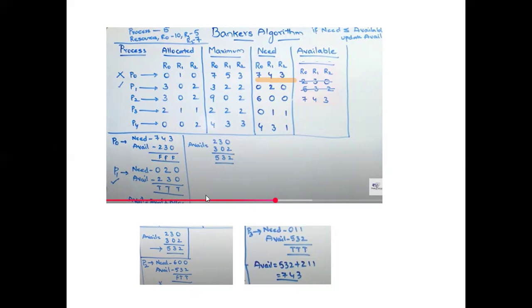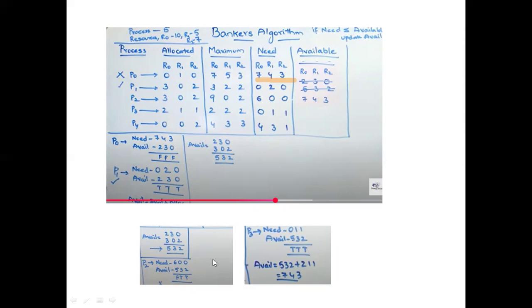So here, let's give the chance for P2. Now the P2 need is 600 and available is 532. Here the condition continues by default, because need is less than or equal to work, available means yes. So P2 will be executed, and again the work value will be updated.